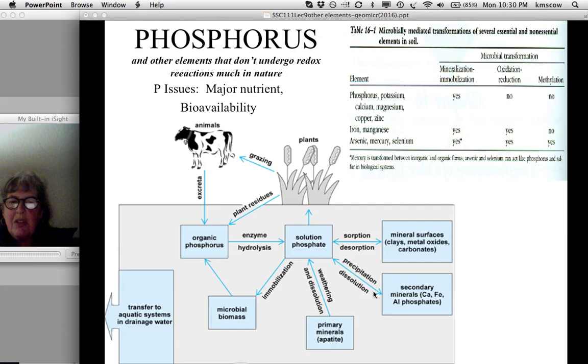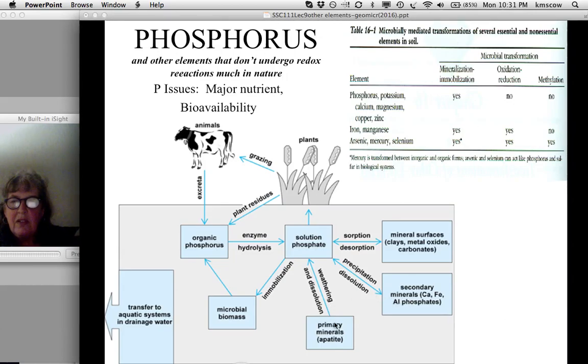There can be precipitation dissolution, which happens a whole lot, where it's going to form secondary minerals with calcium and iron and aluminum, creating these really, really unavailable forms of phosphate that may over time be dissolved and become available.